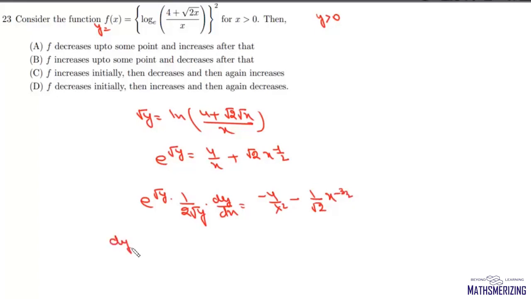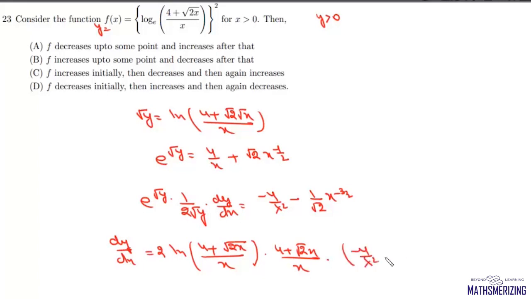So we can write dy by dx as 2 into log of (4 plus root 2x upon x) into (4 plus root 2x upon x), and then minus 4 upon x square minus 1 by root 2 x to the power minus 3 by 2. Now this is positive as x is greater than 0. This is always negative. So we just need to know whether there is a sign change for this expression.